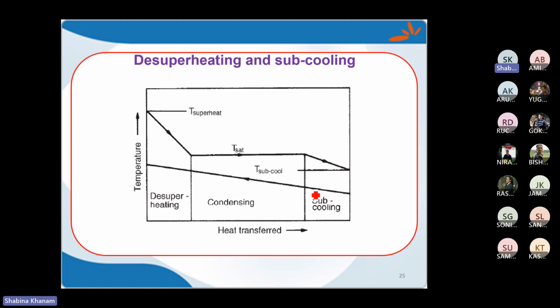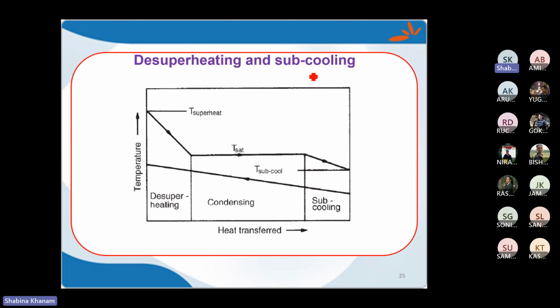But apart from this we usually have two more conditions. One is de-superheating and second is subcooling. De-superheating, when I am considering, let's say you need to prepare the steam, it will be prepared in a boiler, right?